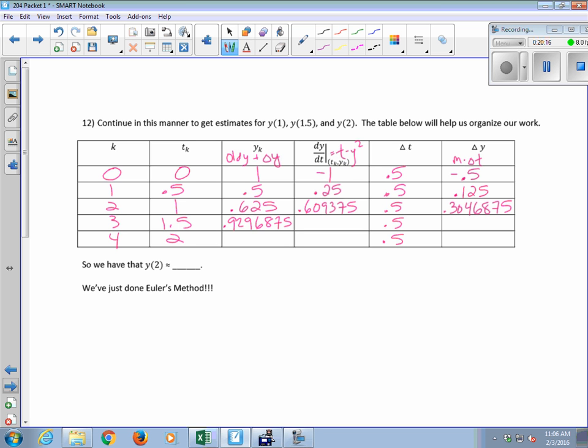So now I have a point at t comma y, 1.5 comma 0.929. Plug that t and y into the differential equation to get a slope. So t minus y squared, 1.5 minus 0.929 squared comes out to 0.63568. And I might have rounded there, I'm not sure. I don't remember. Probably.